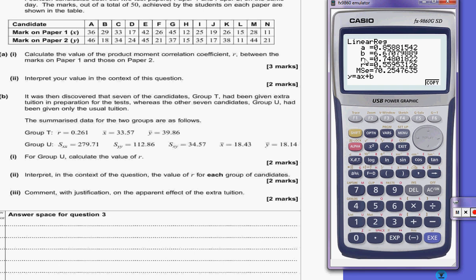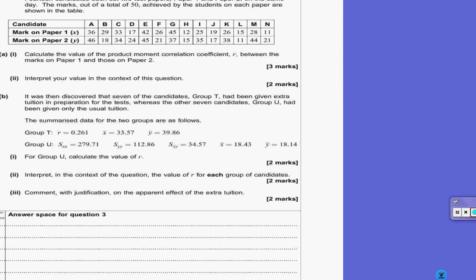We only want A, B or R, and when we're looking at the correlation coefficient we're looking at R. So all we have to do is write that down if I can remember it. So our product moment correlation, I'm going to write it up here because I think I'm going to need space somewhere else, is 0.7480182. Don't write it up here in the real exam, obviously, write it down in the space provided for your answer.